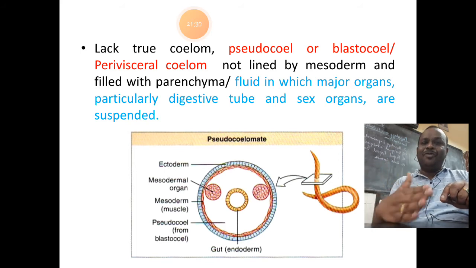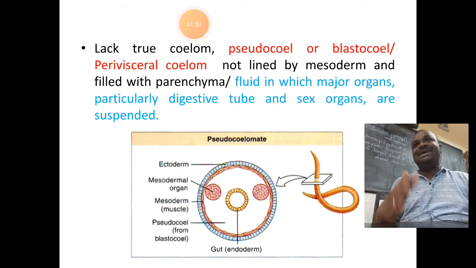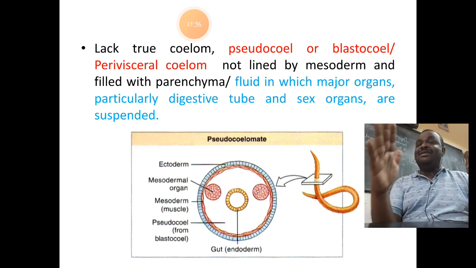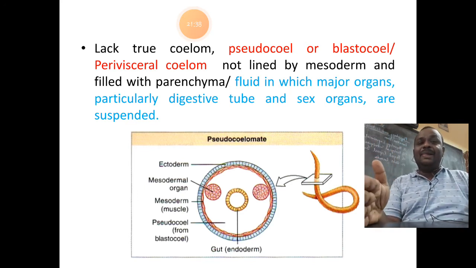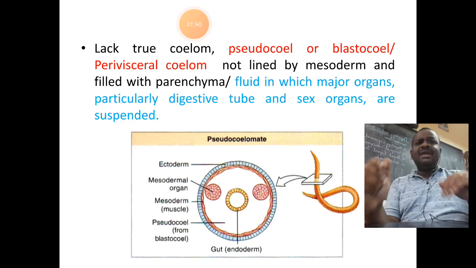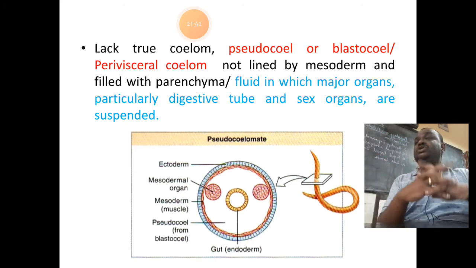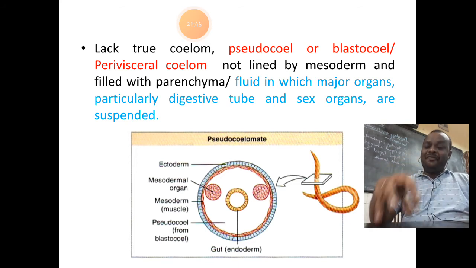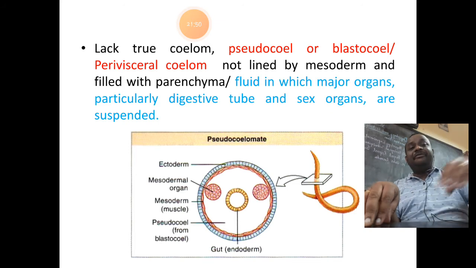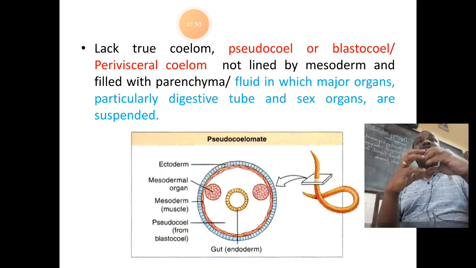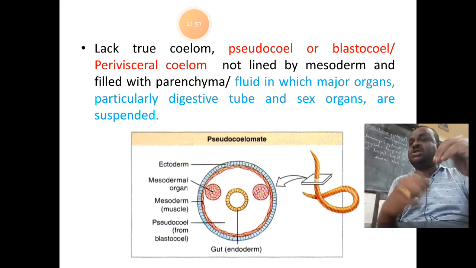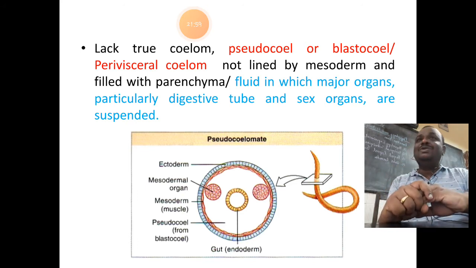Pseudo refers to false, and coelom is the body cavity. The false body cavity is developed from the blastocoel of the organism. Because the body cavity develops from the blastocoel, is not a true cavity, and is filled with fluid or parenchymatous tissue, we call it a pseudocoelom.